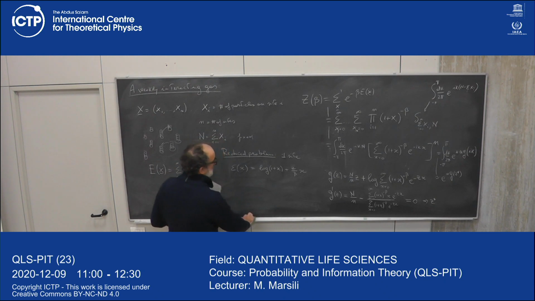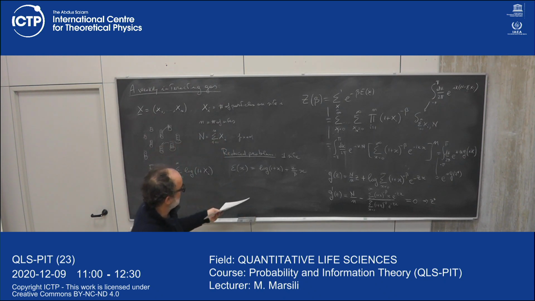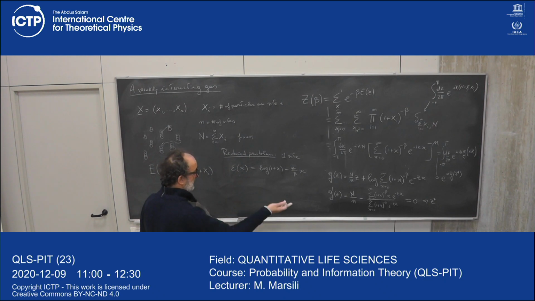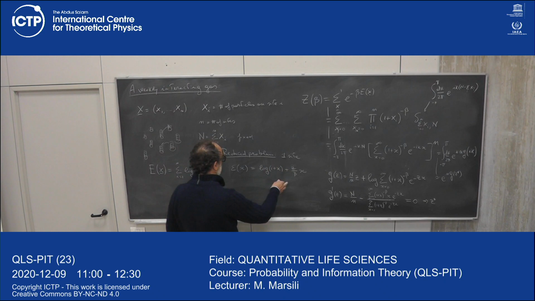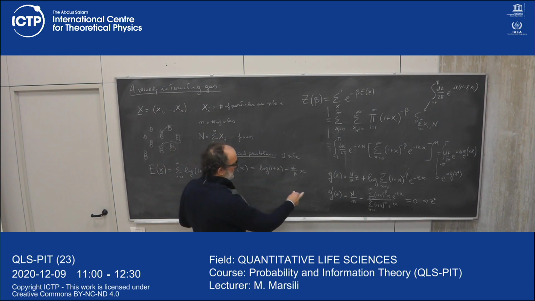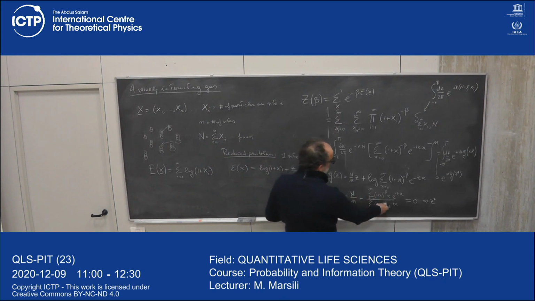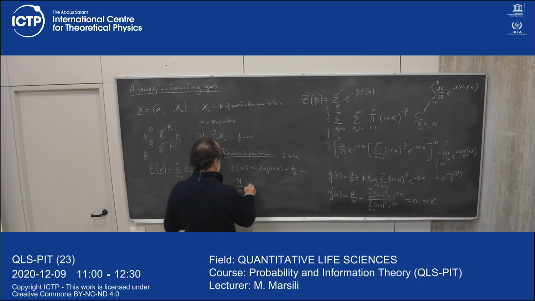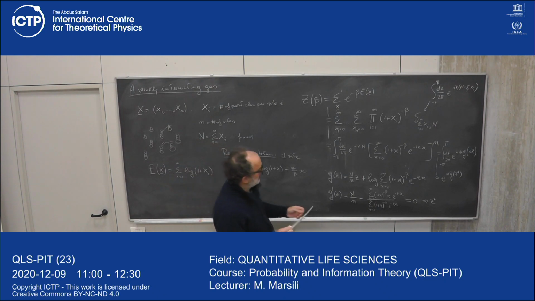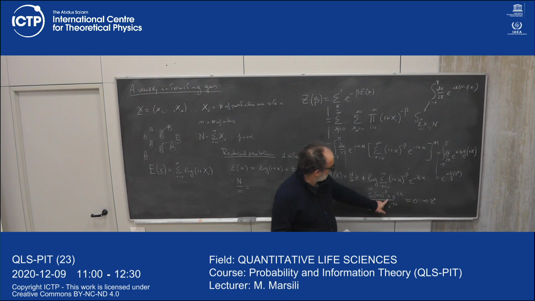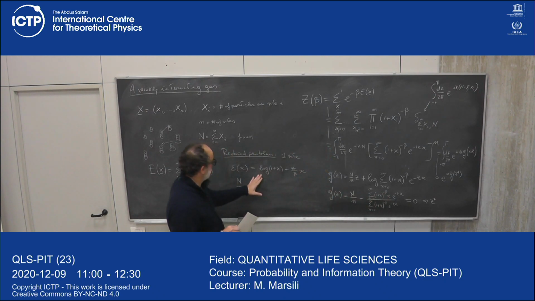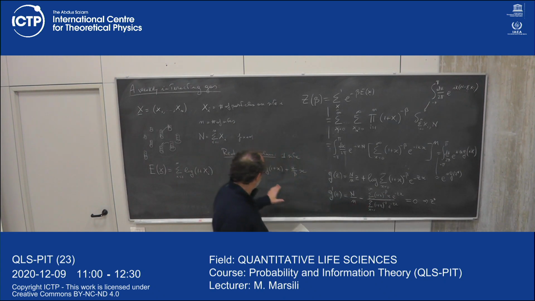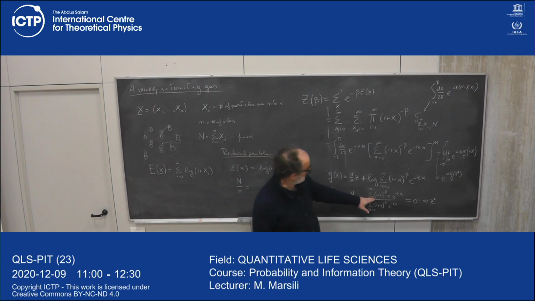So what we have to do is just to look at this reduced problem and find the z star such that this condition is satisfied. This condition is telling you that n divided by N should be equal to the expected value of x in the equilibrium of this problem, because this is the partition function of this reduced problem, and this is the statistical average of x on this reduced problem.